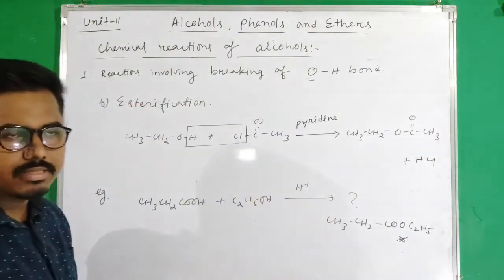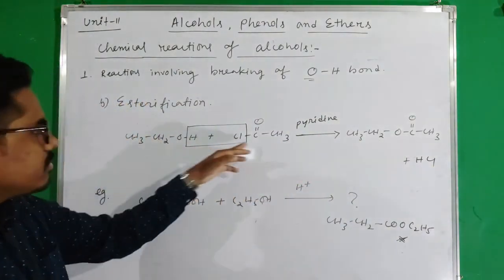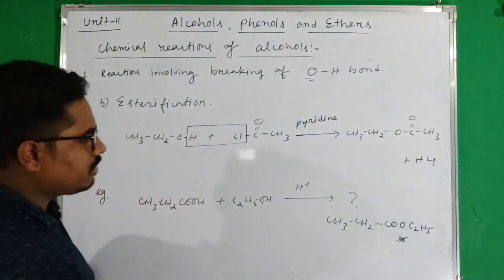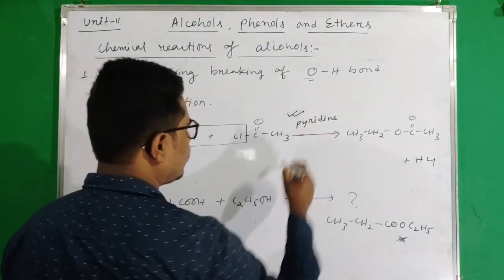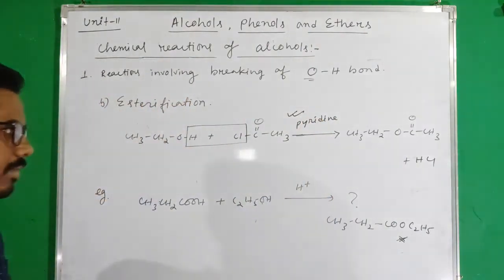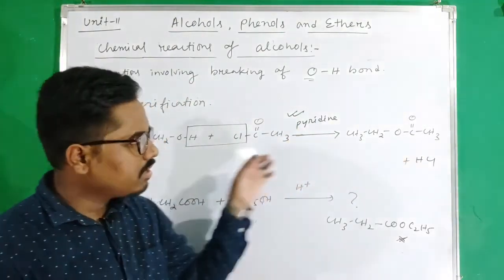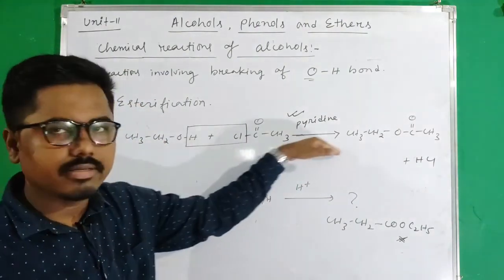Okay, that means ester will break to give acid chloride and alcohol. Therefore, the reaction is carried out in presence of a base, and the base is pyridine. This base will neutralize the HCl. Therefore, the reaction will take place only in forward direction.